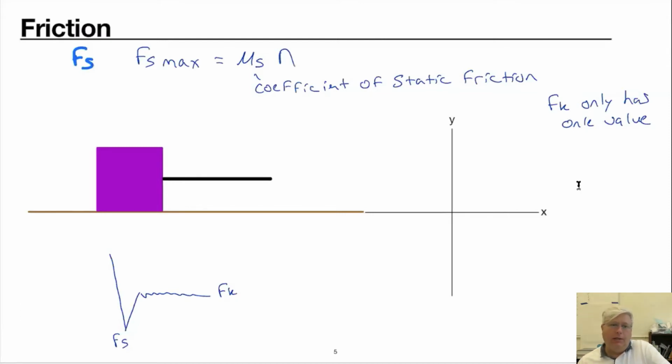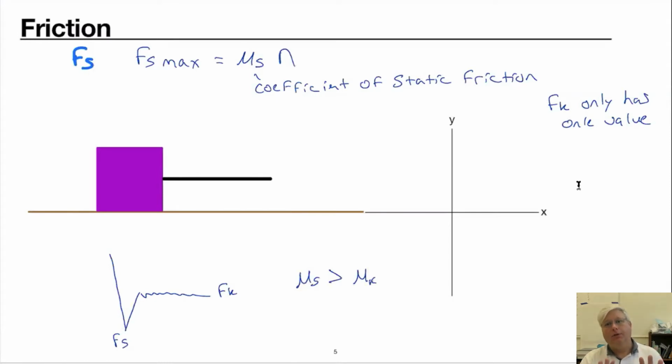What we always see is that static friction is greater than kinetic friction, and we can write that as mu s is greater than mu k. You probably experienced this if you ever tried to get something heavy to start moving, maybe a heavy box on the ground.